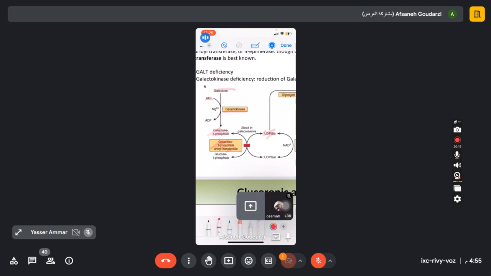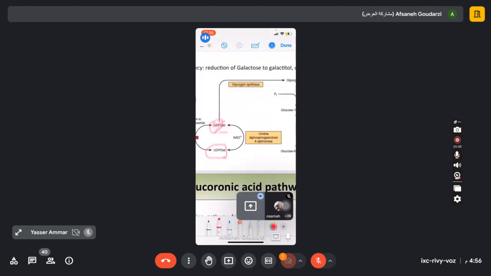This enzyme can transfer this UDP to galactose, therefore it changes to UDP galactose, and glucose changes to glucose 1-phosphate. So we could change galactose 1-phosphate to UDP galactose by accepting UDP from UDP glucose, and the glucose changed to glucose 1-phosphate.